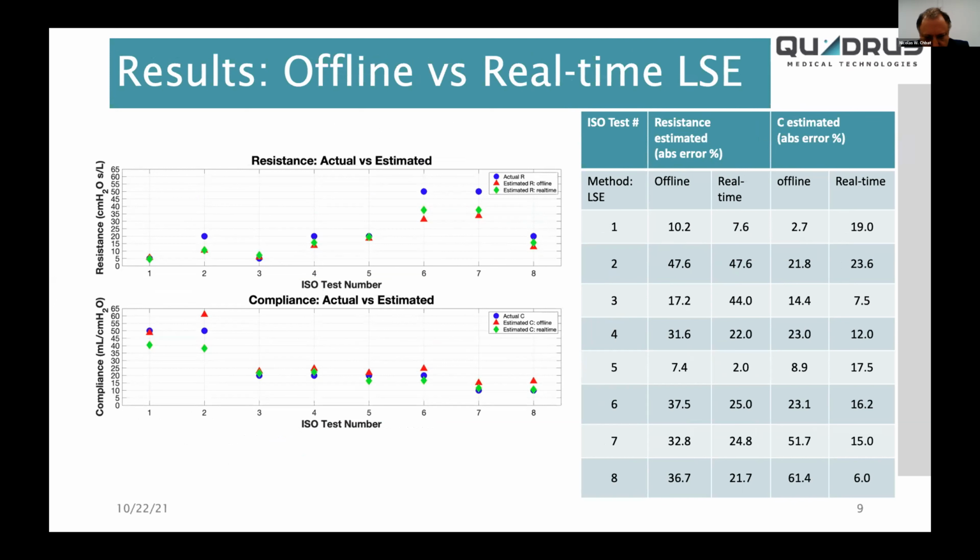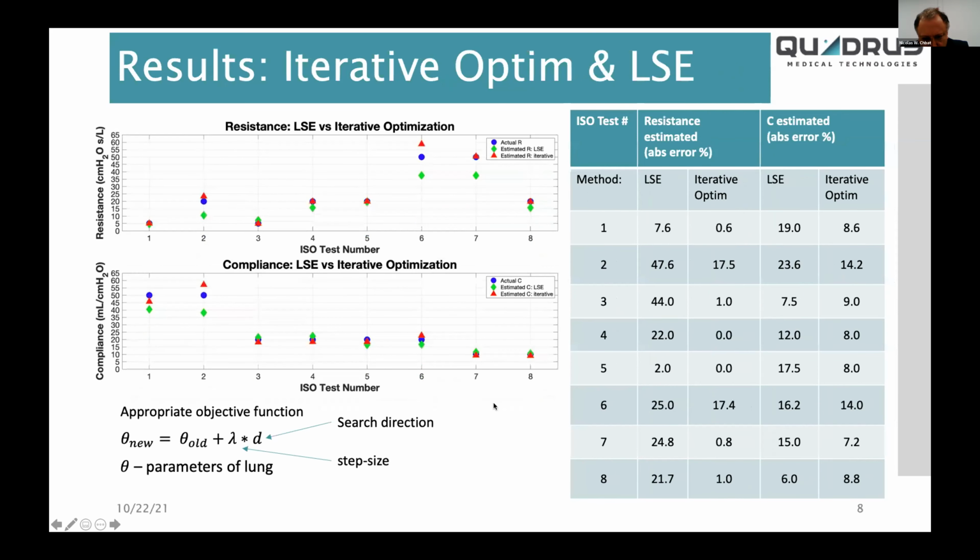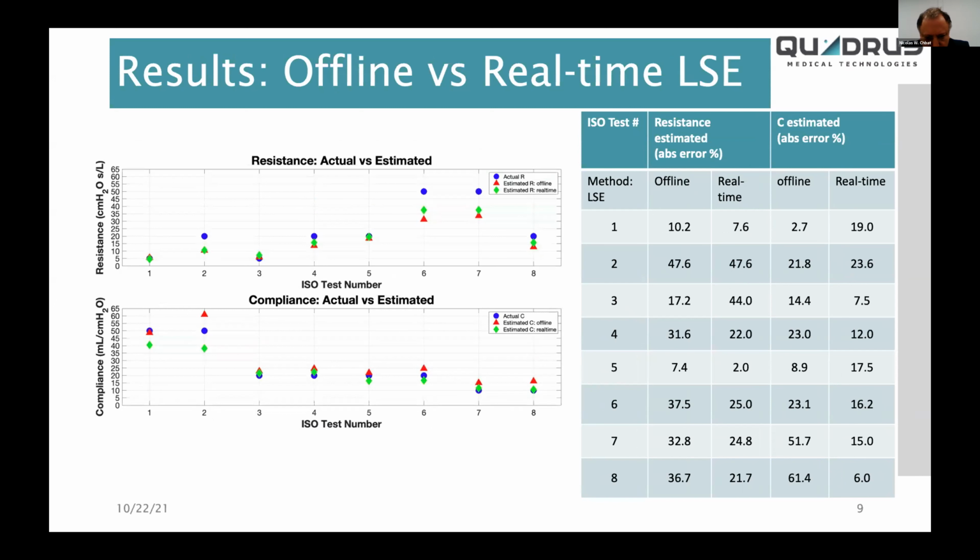While the lung emulator was on ventilator support, we noticed that there was not any significant increase in performance between an offline least square estimate versus a real-time least square estimate. And this is where we went back to our previous conclusion that the iterative approach was a much better approach, and we should implement that in the real-time system to improve performance of ventilators and keep track of patient lives.